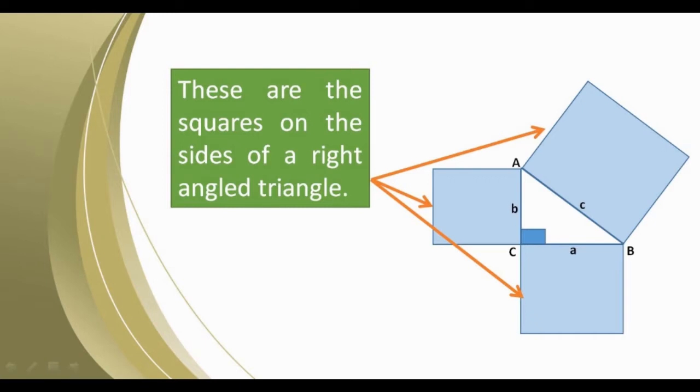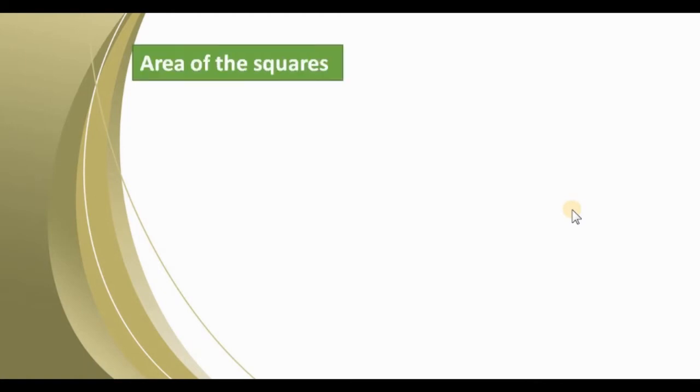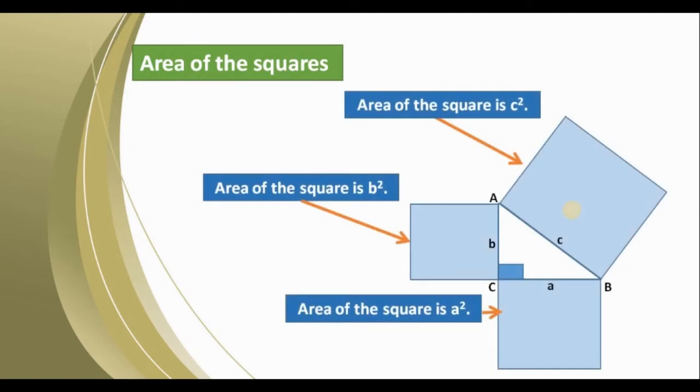These are the squares made on the sides of a right angled triangle. This is the square made on the side BC or A. This is a square made on AC or B. This is a square made on AB or C. The sides are here A, B and C. Here, as this is a square, the area of this square is C square.